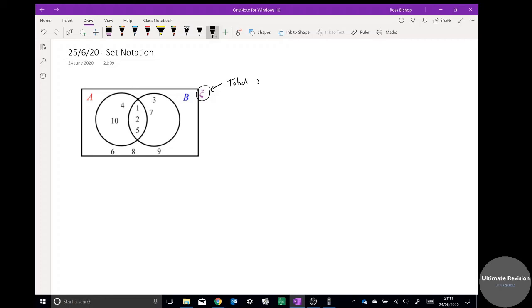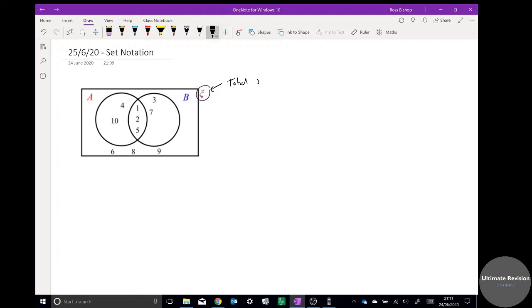And union, you can contradict. So what I mean by this, so we start off with A. So what I'm going to do with my pen, I know it's going to be in the whole of A. So I'm going to include everything in A.